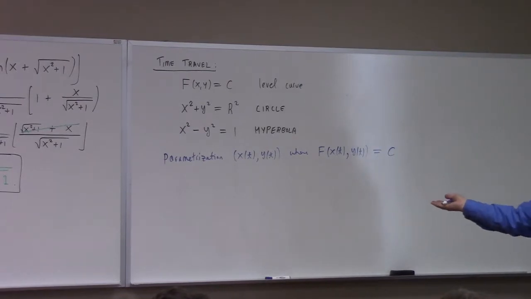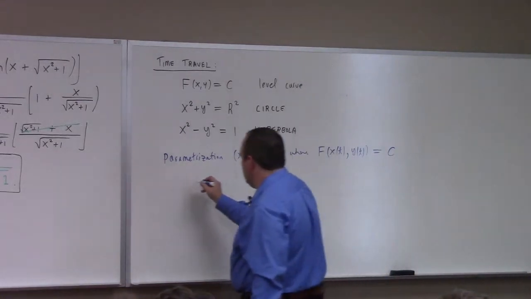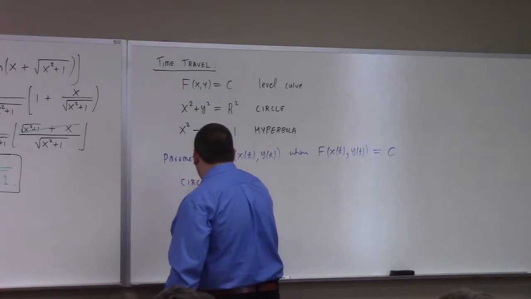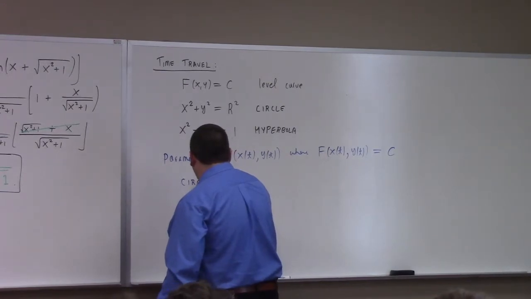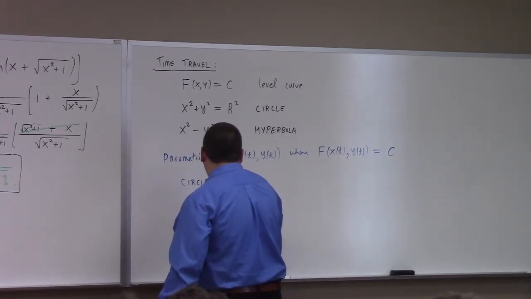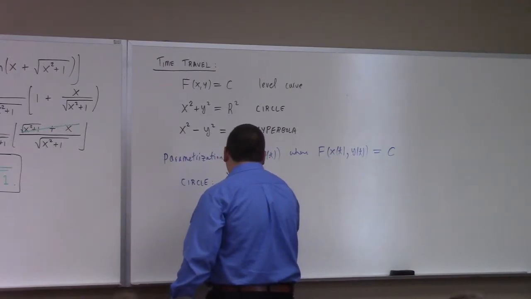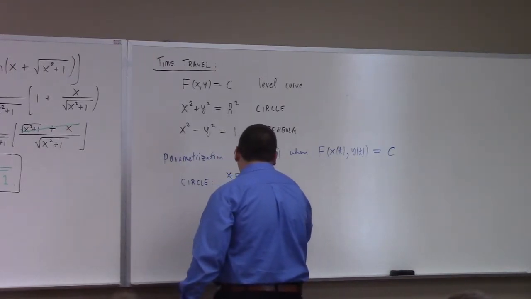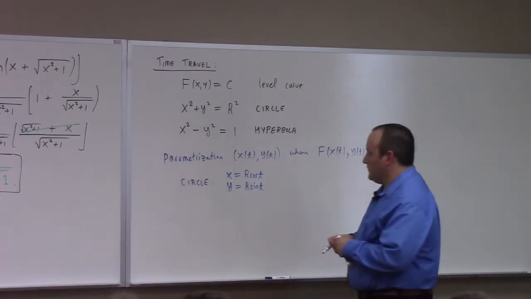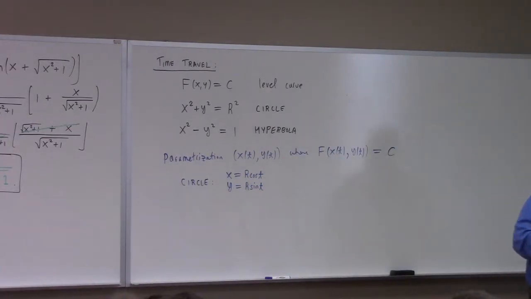So for the circle, we can just use x equals r cosine t and y equals r sine t. This is the usual counterclockwise parameterization of a circle.